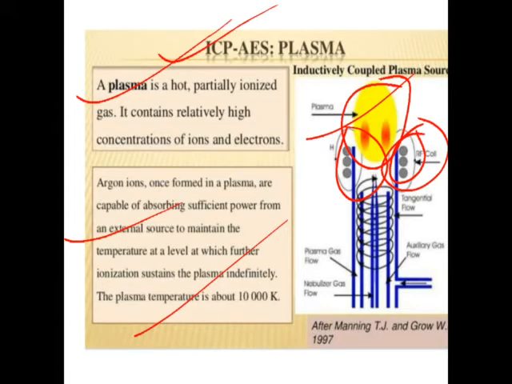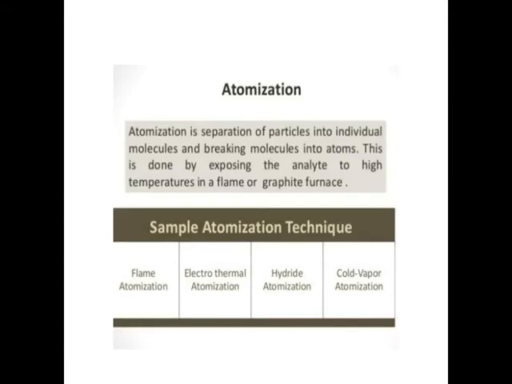So the RF coil is there, the gas is there, and when the gas enters, due to the radio frequency it is converted into the ICP argon, the inductively coupled plasma argon. This generates enough energy to ionize more argon by collision or excitation, and these electrons generated in the magnetic field are accelerated perpendicular, and it finally results in the plasma. So that is the working of this ICP plasma.